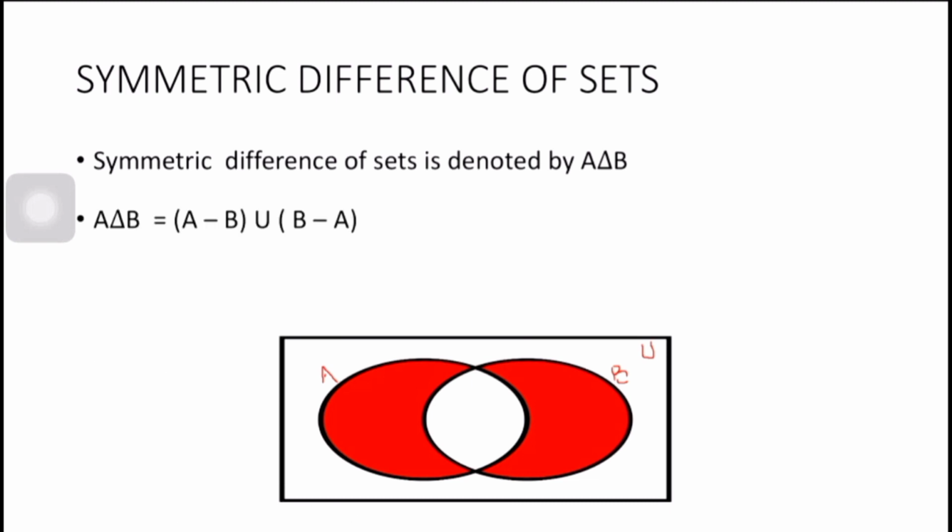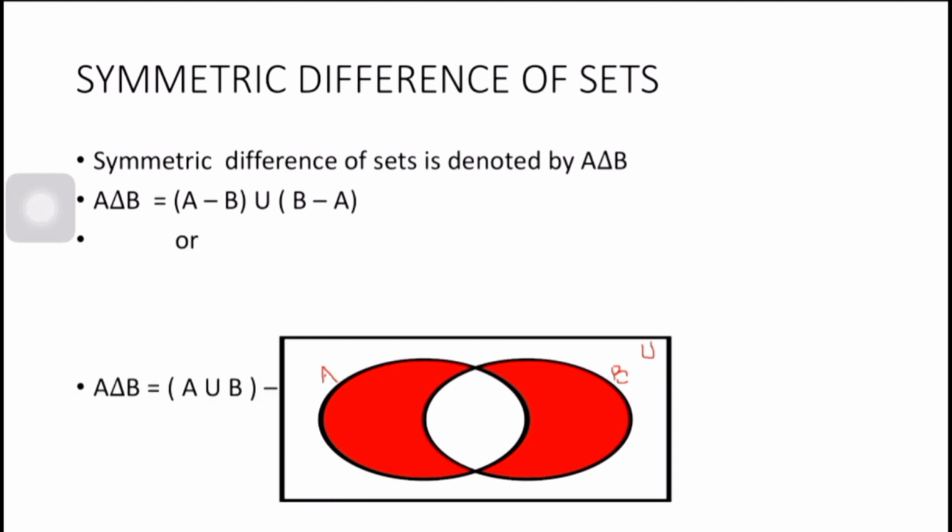Very important topic, symmetric difference of sets. Symmetric difference of sets is denoted by A delta B. A delta B is equal to (A minus B) union (B minus A), or another formula is there: A delta B is equal to (A union B) minus (A intersection B).